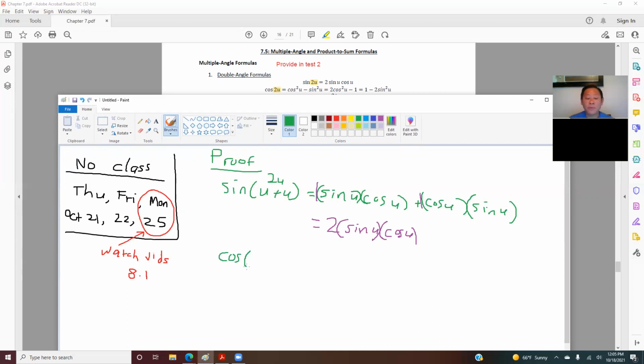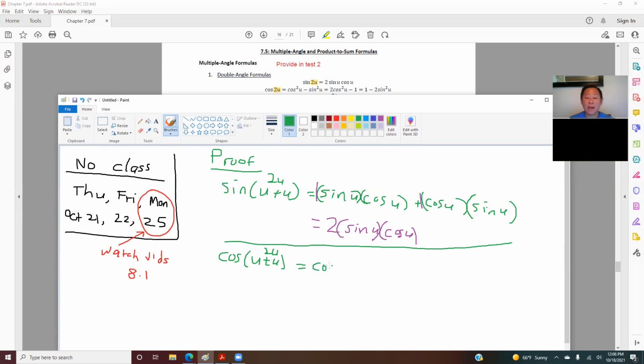And again, how we prove cosine 2u is very similar to what we did for sine u plus u. If you use back the formula from section 7.4, this is cos minus sine.